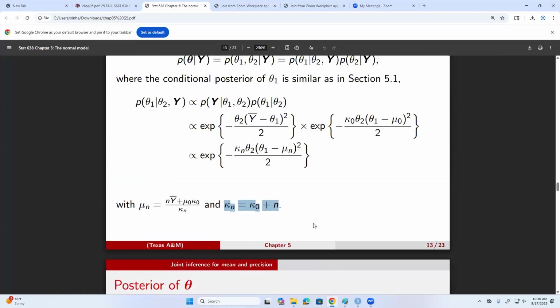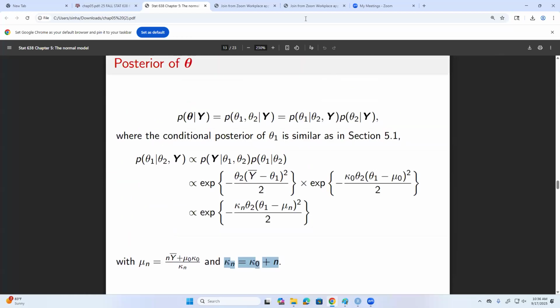Next, the first task is done. Remember, we wanted to obtain the joint posterior of theta 1, theta 2 given data. The first part is done. Next, this task: obtaining the marginal posterior of theta 2 given data.